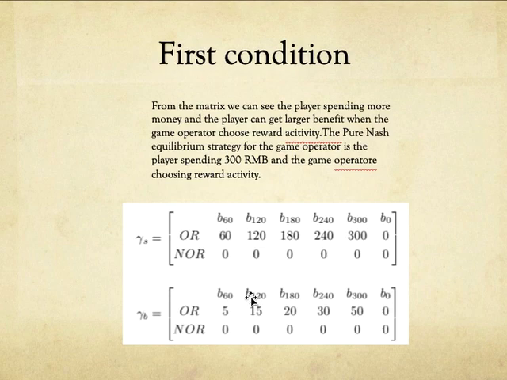So we can see the largest payoff is 300, and it's the Nash equilibrium here. So the game operator opens the consumption reward activity, and Gamma B spends 300 RMB.